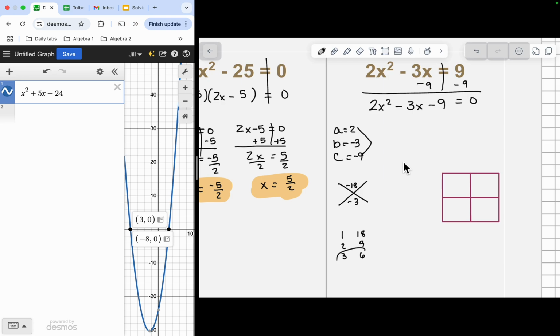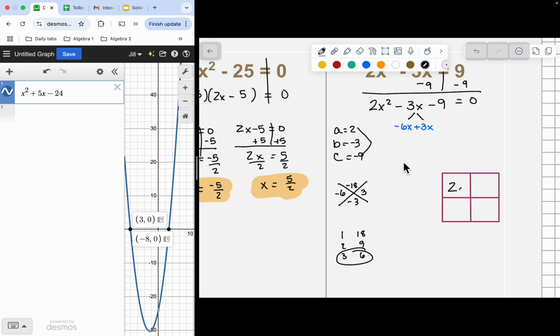And so we're going to use a combination of 3 and 6. I know one has to be negative, and because I want my sum to be negative 3, I know my 6 is going to need to be the negative one. So again, what we're doing is breaking that negative 3x up, writing it as negative 6x plus 3x.